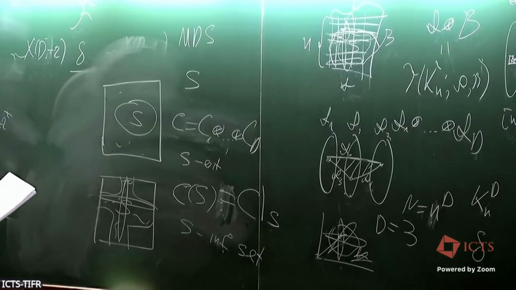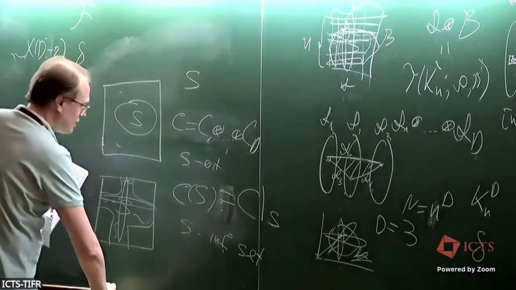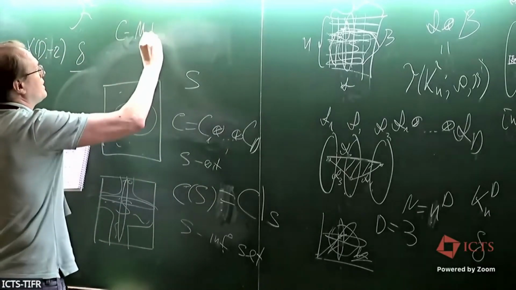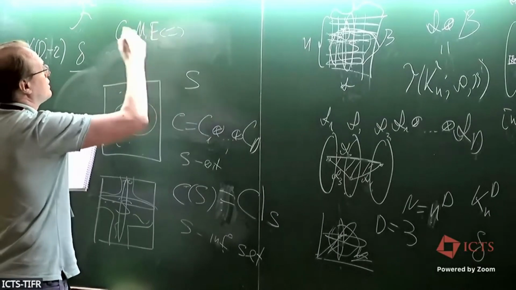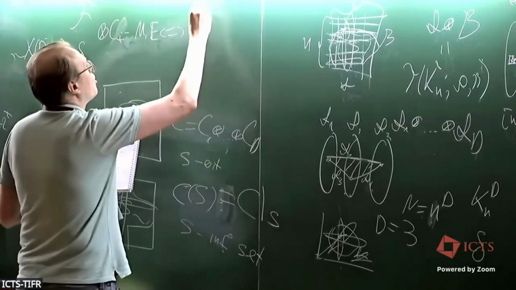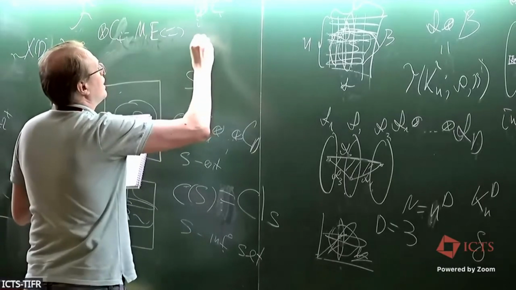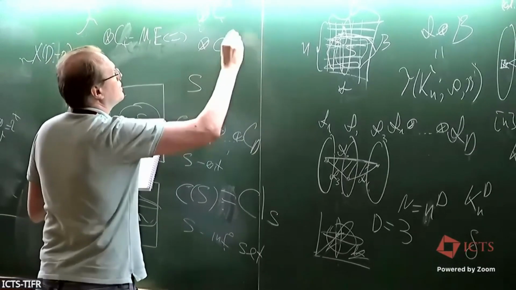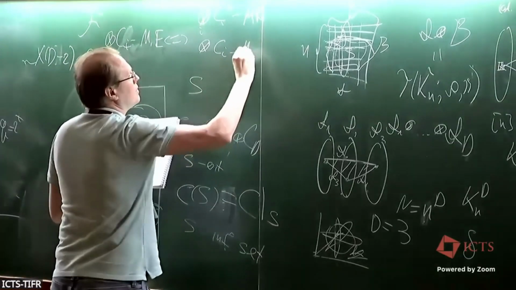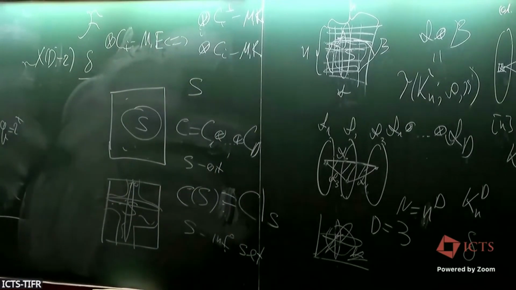My conjecture is that a code is maximally extendable and the product code, if both are maximally recoverable. Okay, so this is an open problem.